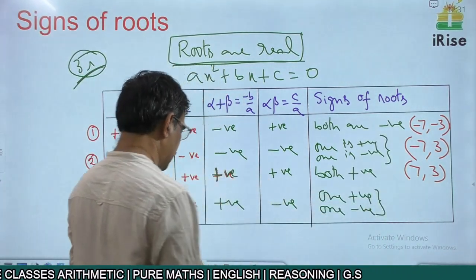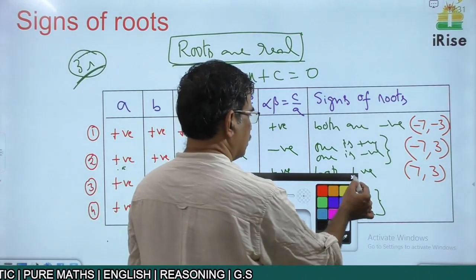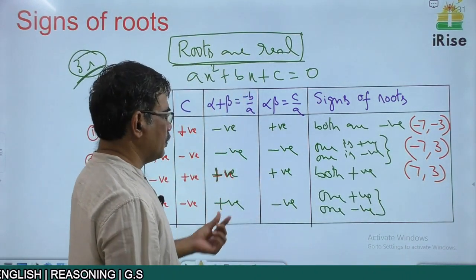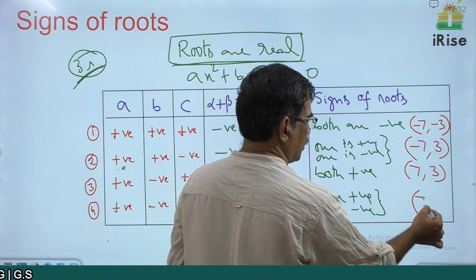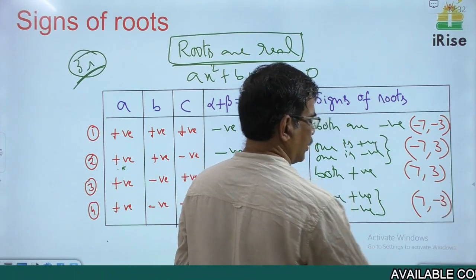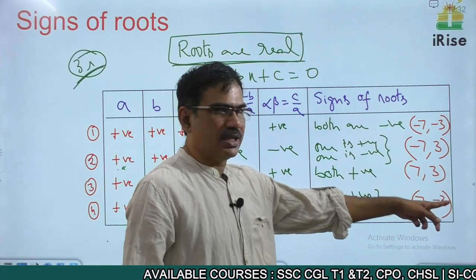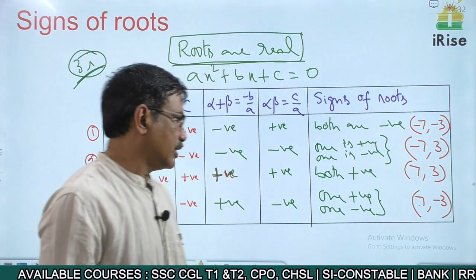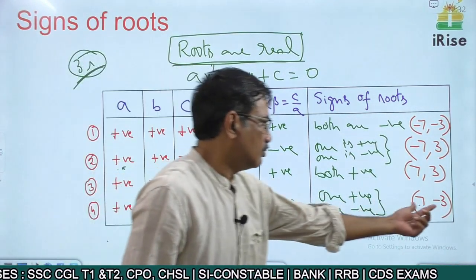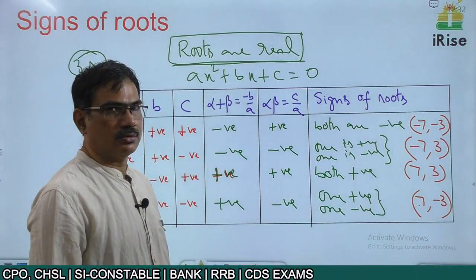Same as before, but here, to get a positive sum, the bigger one has a positive sign, the smaller one has a negative sign. Numerically biggest one having positive sign, numerically smallest one having a negative sign. In this case, sum is positive and product is negative.